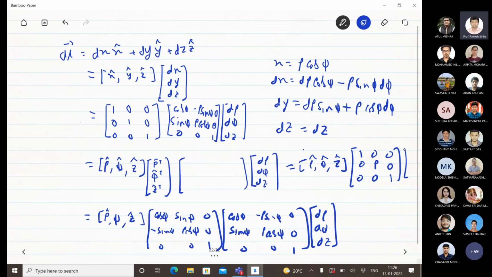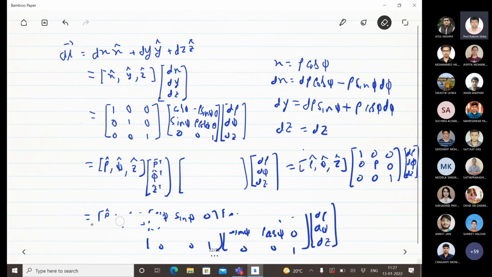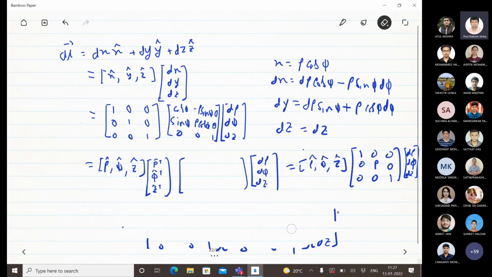Okay, and then you have the differential operator d rho, d phi and dz. I'm removing this part. So at the end, what does it look like?